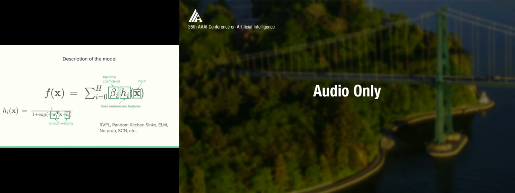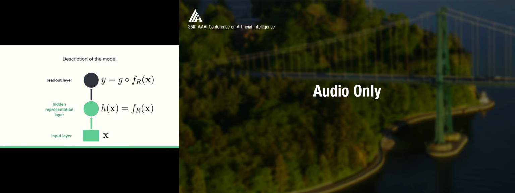Okay, so the essential thing in common is that the inner projection is randomized and the outer projection is learned. And this is graphically depicted in this slide, where we see the very elementary shallow feed-forward architecture.